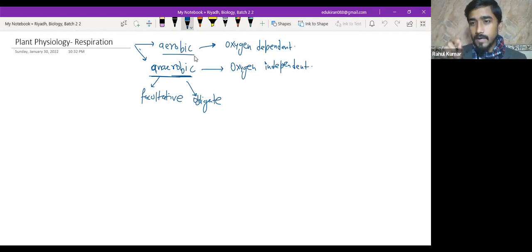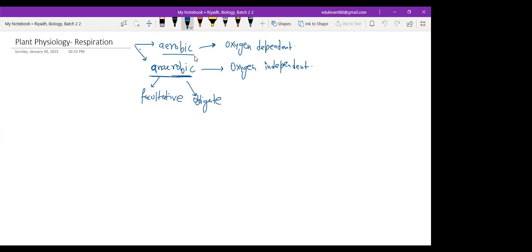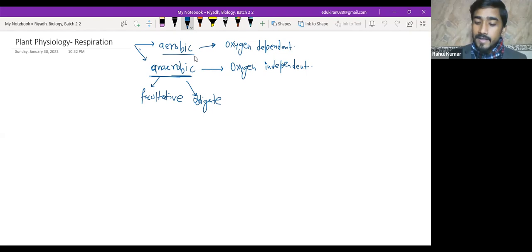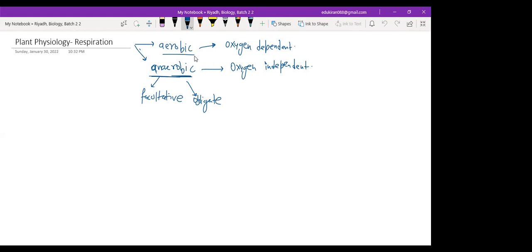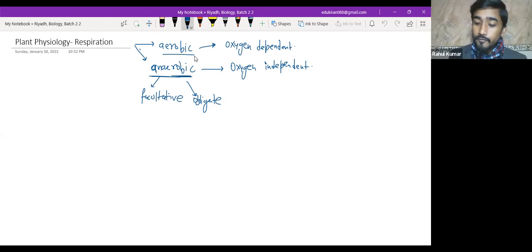So I am telling you: there is an anaerobic respiration in which oxygen is not required and can happen independent of oxygen, and there is an anaerobic respiration which can only happen in the absence of oxygen. One is obligate and the other is not. Obligate means without it, it cannot happen.